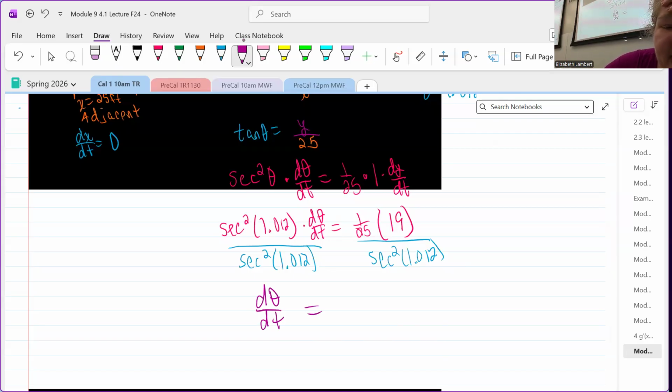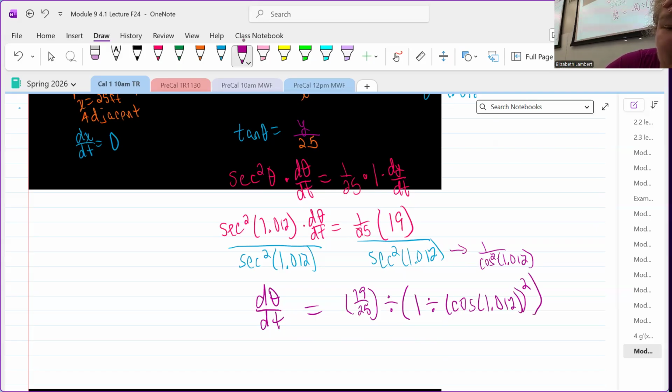So I can write this as, so the 1/25 times 19 is 19/25, divided by, instead of secant squared, I know secant squared is 1 over cosine squared. But if I type cosine squared like that, the calculator also loses its mind. So we also have to pull the squared outside. So we end up with a lot of parentheses.